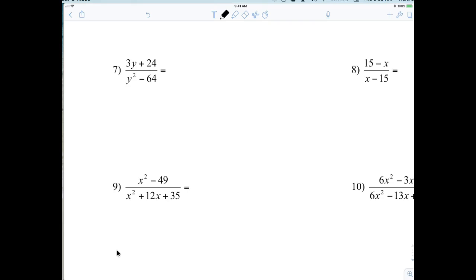Number 7, we're factoring out of what? 3. So the top factors to 3 times y plus 8. The denominator factors to... and then what happens? y plus 8 cancel out. Very simple. 3 over y minus 8.